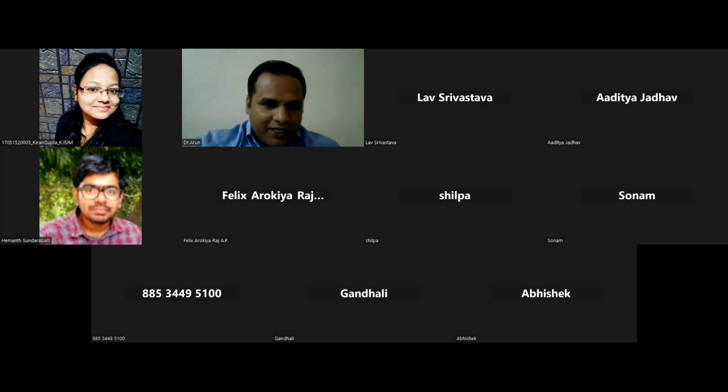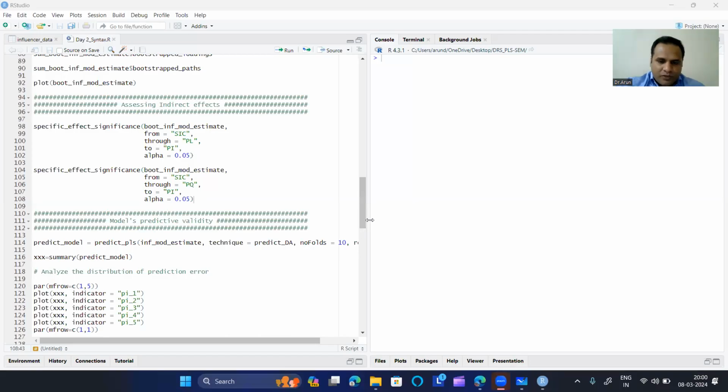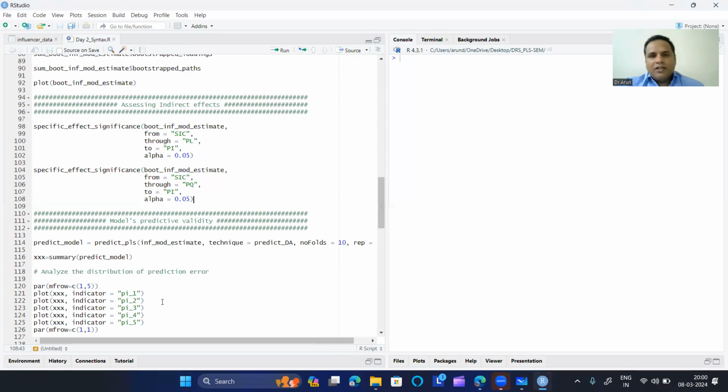Let me share the screen and focus on certain important issues now. So far we have learned how to estimate the measurement model for reflective constructs, for formative constructs, and the structural model. Now, post evaluation of the measurement model and structural model, there are certain other issues which are very common to PLS SEM.